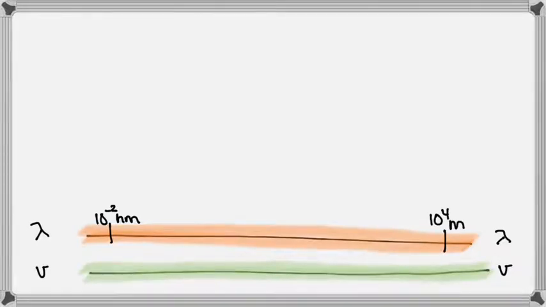Nano, if you think of nanotechnology meaning very, very small, that is an extremely small wavelength to your left, and then 10 to the 4th meters, that's like 10,000 meters. That's an extremely long wavelength that is to the right.